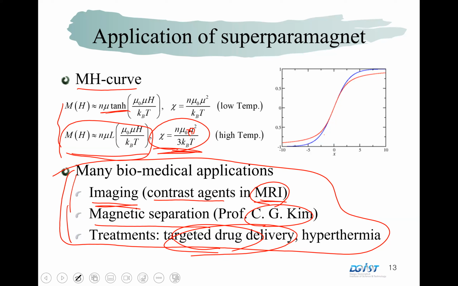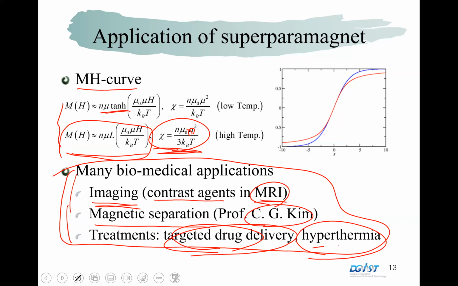And another important thing is hyperthermia. Hyperthermia means a kind of heat treatment. If you send large nanoparticles to, for example, a cancer site, and then apply some kind of RF from outside, then this magnetic material absorbs the RF at a certain frequency by resonance, and then generates heat. This heat will kill the cancer cells.